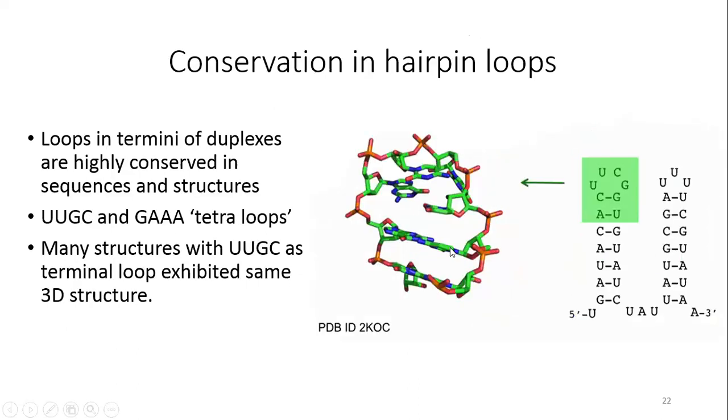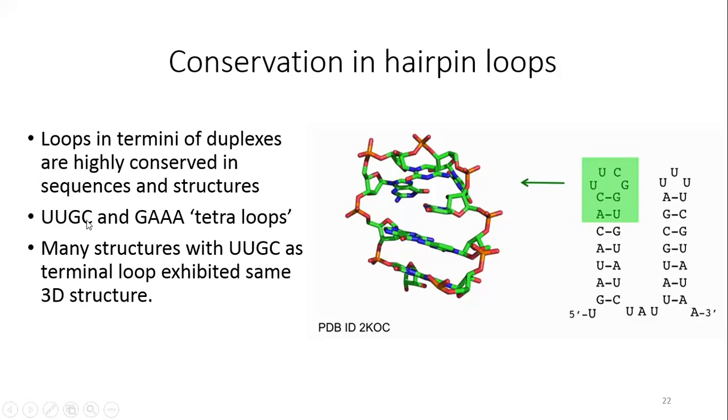Okay, now let us talk about the conservation in RNA hairpin loops. These RNA hairpin loops, which are present at the termini of the duplexes, are usually highly conserved in sequence as well as in structure.